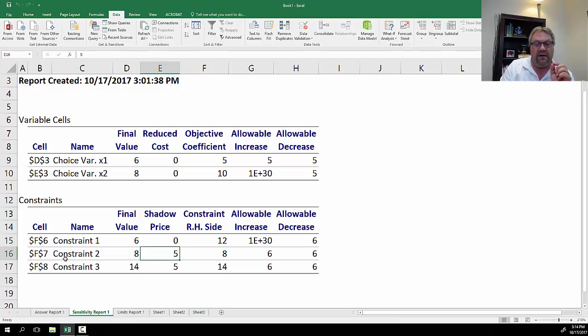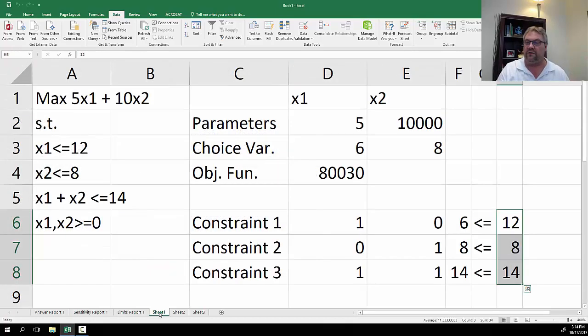However, if I increased constraint 2 by 1 unit, then my profit would go up by $5. And that's holding everything else constant, right? So here, if I increased my constraint 3 by 1 unit, holding everything else constant, then profit would go up by $5.